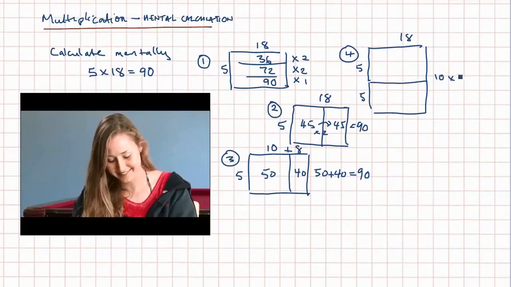That means we've got 10 times 18 equals 180, and then half of that. So halve it after doubling it, takes us back to get our answer of 90.